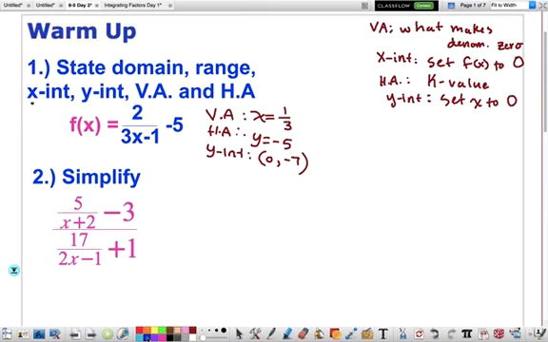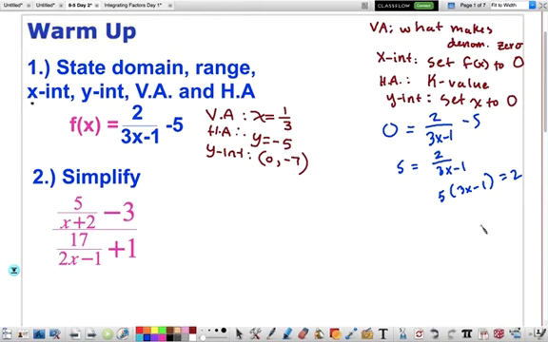X-intercept? Well, let's see, if you set it to 0, let's just walk through that one. 0 equals 2 over 3x minus 1 minus 5, add 5. Multiply by the denominator to clear it. You can multiply out, but that would waste your time.